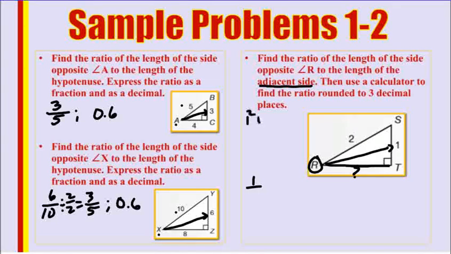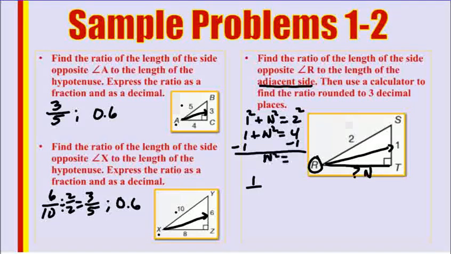We can take our 1 squared plus, we'll just name this n, n squared equals our c squared, which is 2 squared. So 1 plus n squared equals 4. To get n squared by itself, I subtract 1. n squared equals 3. To undo a square, we find the square root. So this would have to be the square root of 3.